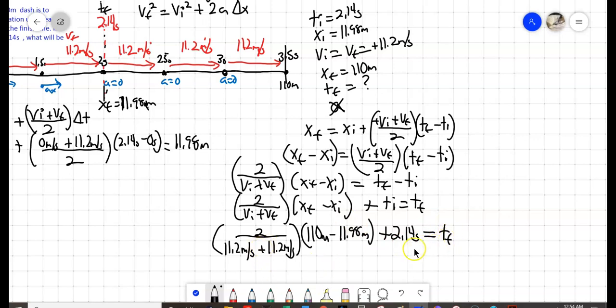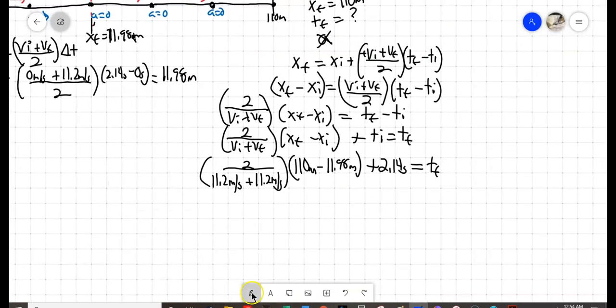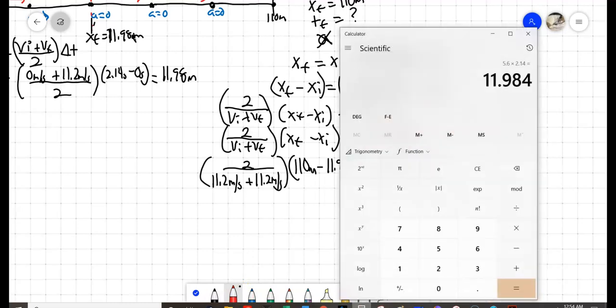All right, let's pull out the calculator. So we have 2 divided by parentheses, 11.2 plus 11.2, and then end parentheses and hit enter.